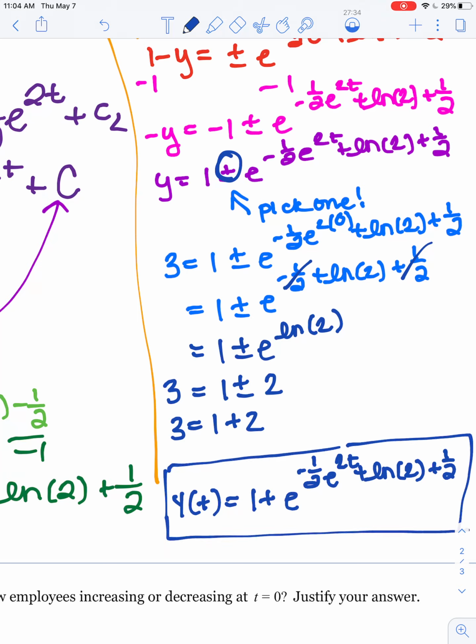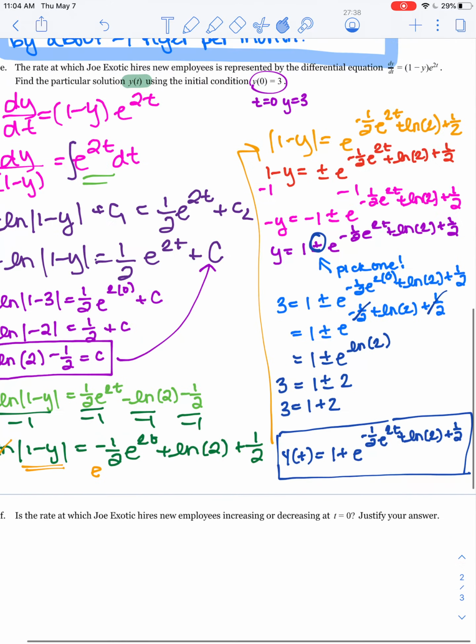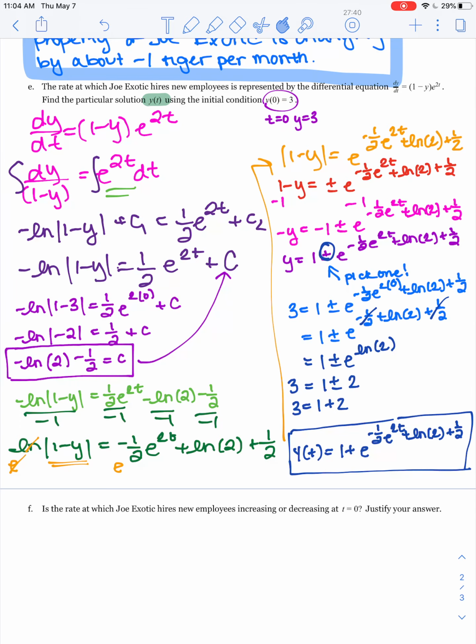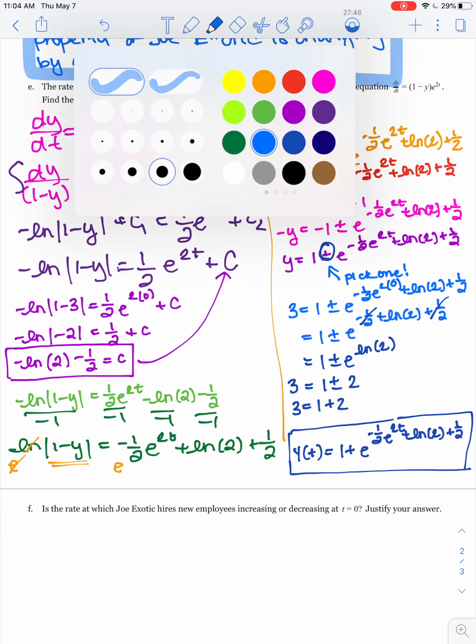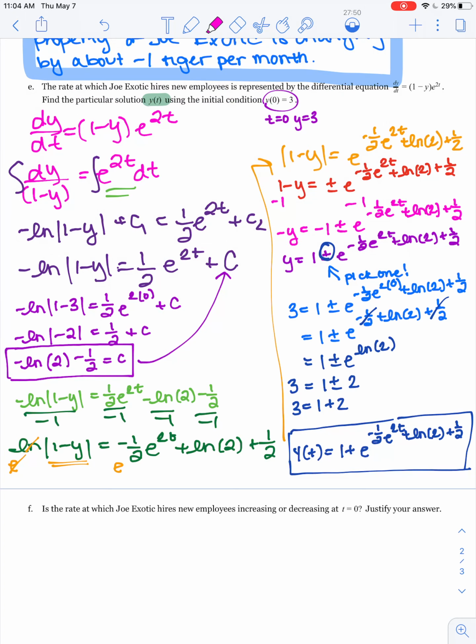Okay, a ton of work, and I want to quickly talk about where points came from for this. So you got 1 point for separating your variables, recognizing that you needed to collect your y's to one side and your t's to the other side.